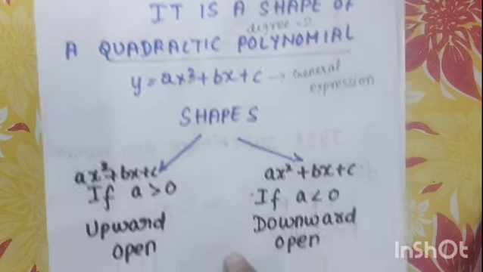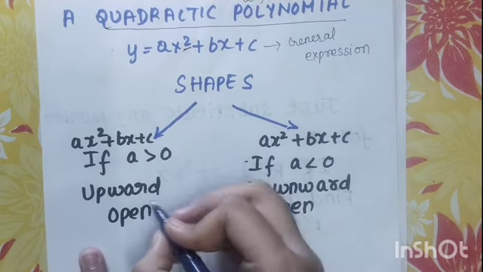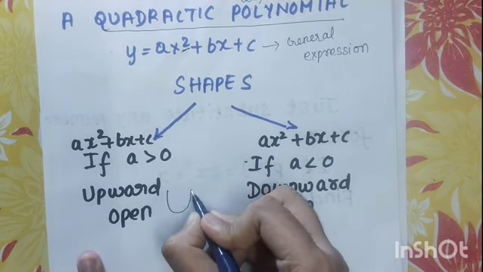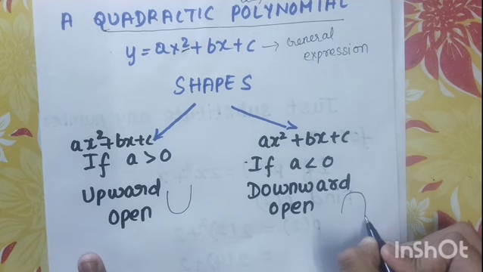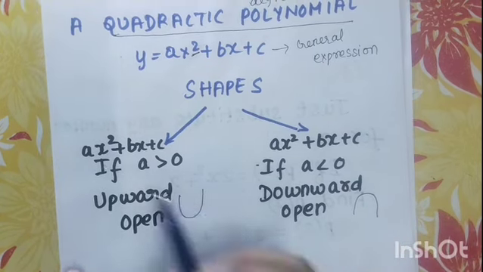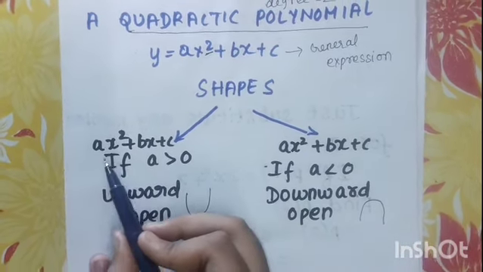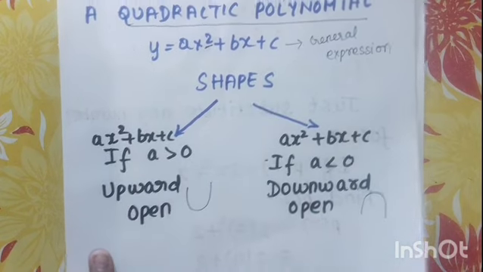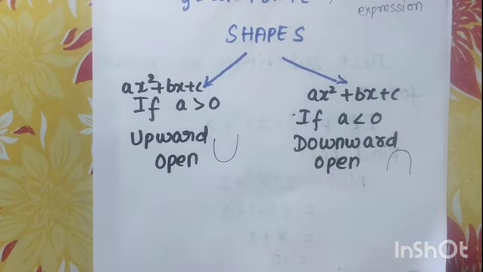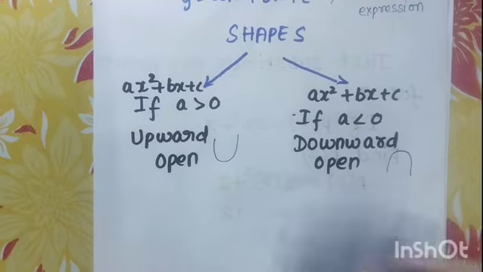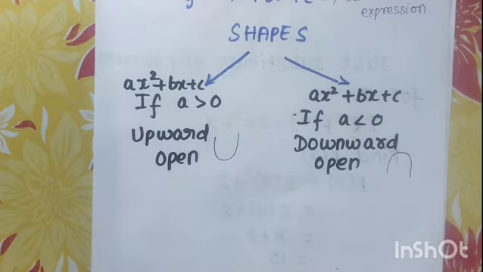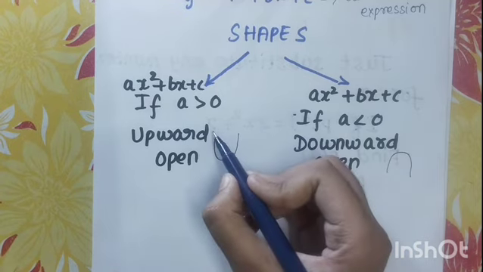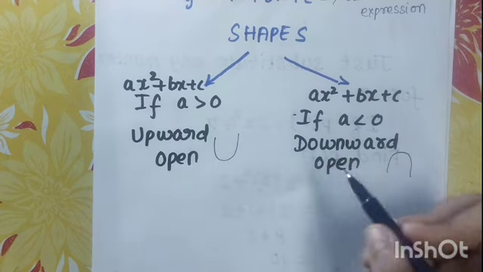The shapes are the upward-open parabola and the downward-open one. For example, this is your given equation. Here a is the coefficient of the x square term. If a is greater than 0, then the parabola will be upward.